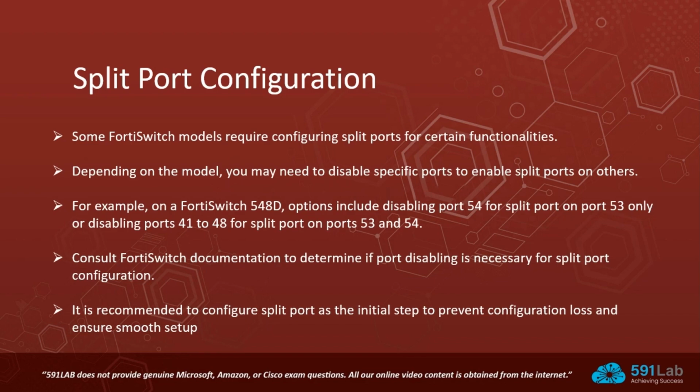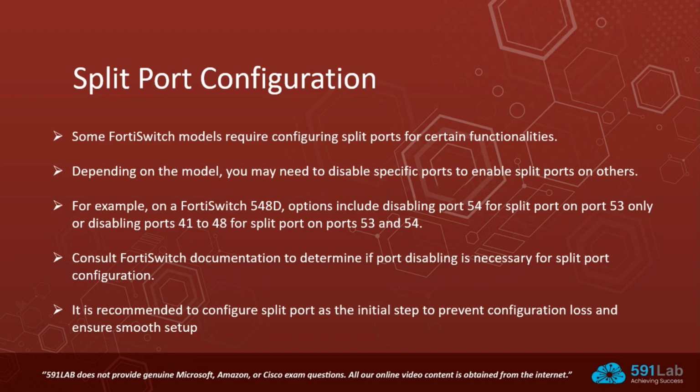In some Fortinet switch models, you need to select and disable some switch ports in order to enable split ports. As an example, on a FortiSwitch 548D model, you have two port configuration layout options. Option 1.